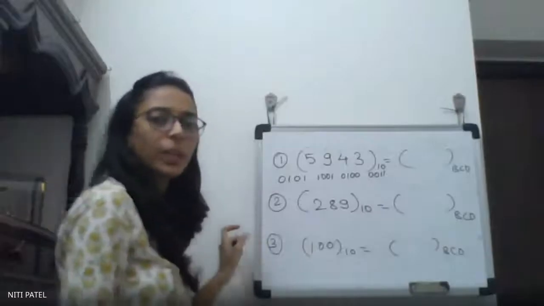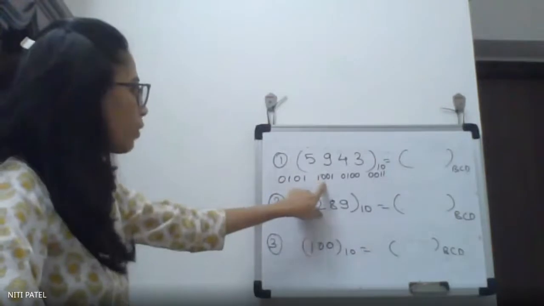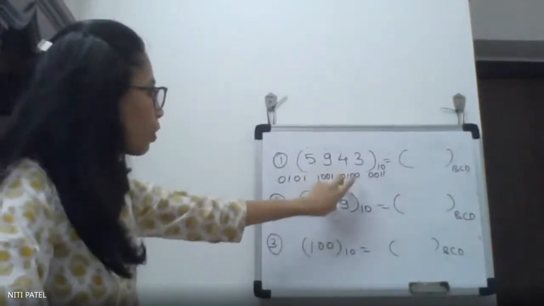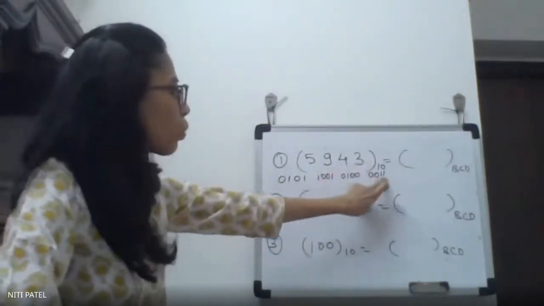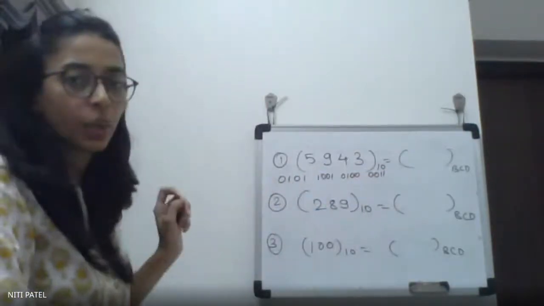Is it correct? Everybody else? 5 is 8, 4, 2, 1 pattern 0 1 0 1. 9 is 8 and 1. 4 is 4, and 3 is 2 and 1. So your decimal number is converted into its BCD equivalent.